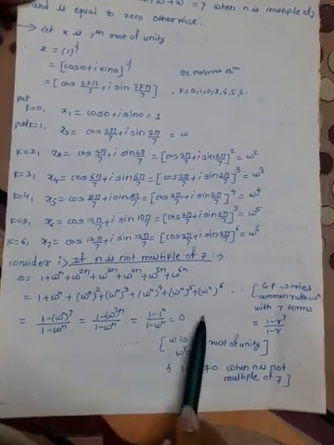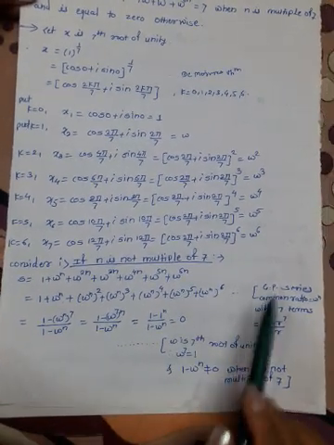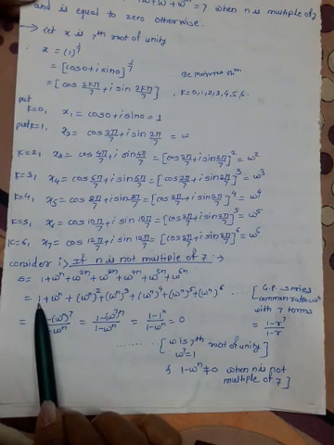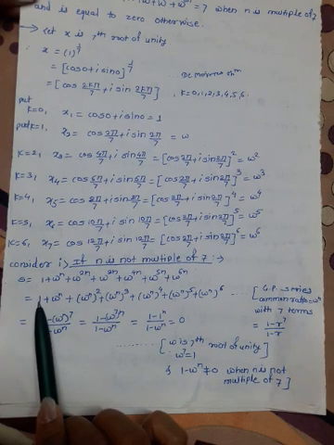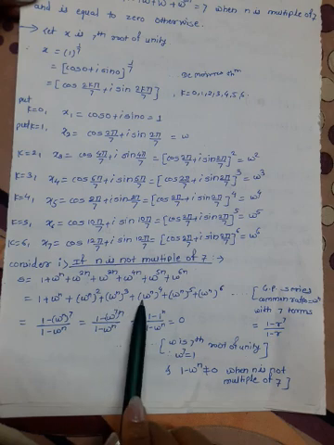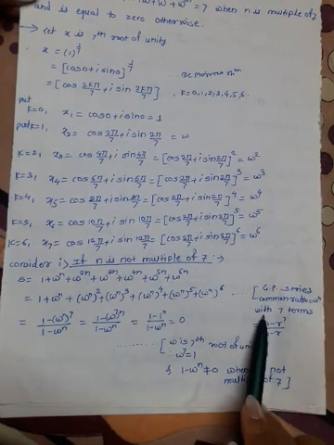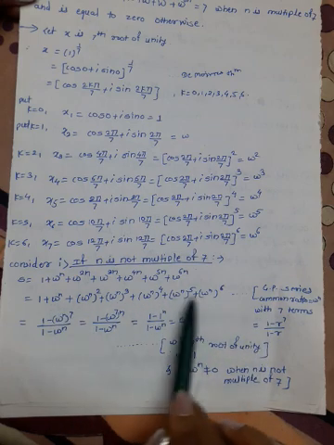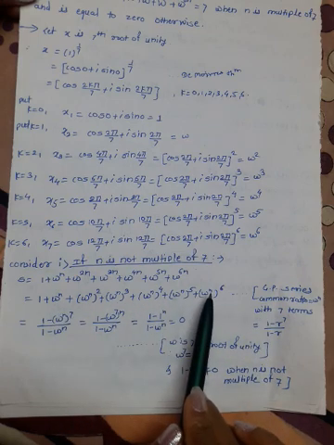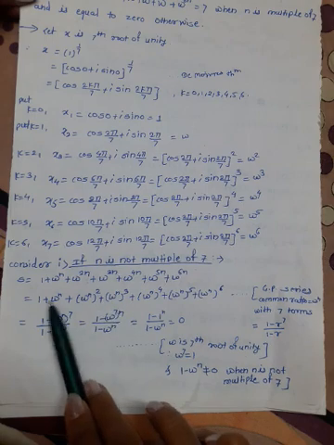Now if you observe, this is a geometric progression series with the first term as 1 and the common ratio, after the second term, is omega raised to n. There are total 7 terms: 1, 2, 3, 4, 5, 6, 7.